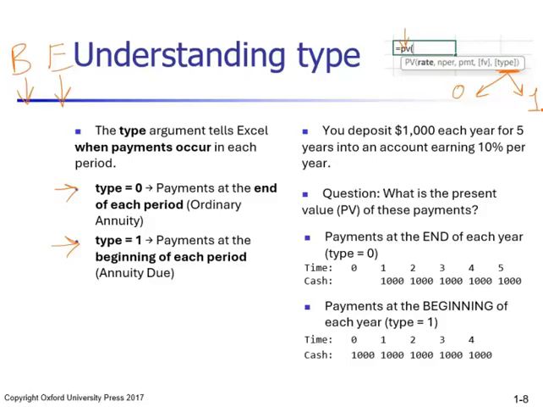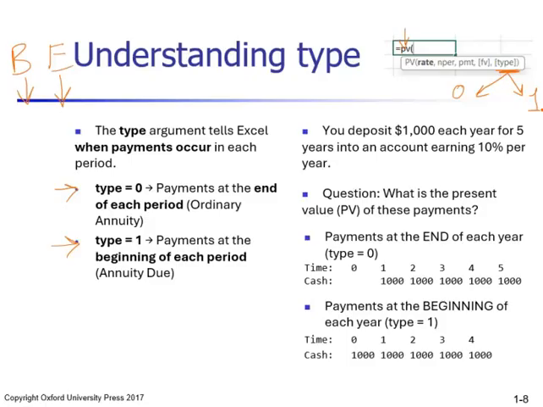Here, let's go and check an example together. You deposit $1,000 each year for 5 years into an account earning 10% per year. Question: what is the present value of these payments? Yes, it is different if your payment, that 1,000, is at the beginning of the period or at the end of the period.